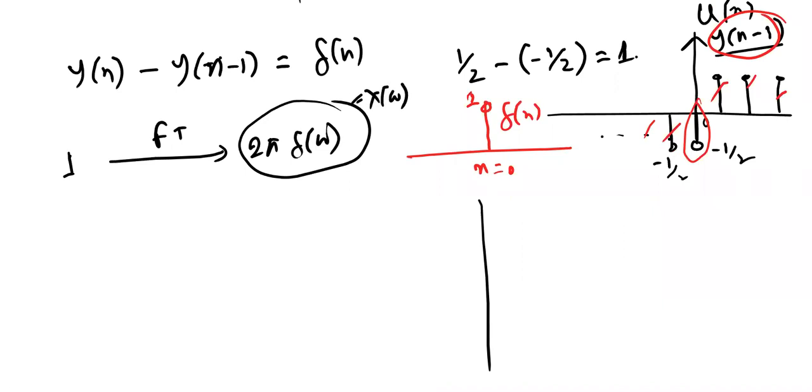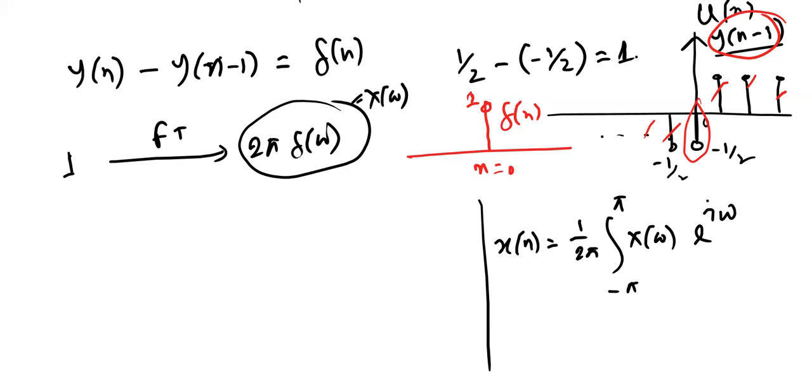We need to find the x[n] value. How can we find x[n]? x[n] is equal to 1 divided by twice pi, integral from minus pi to plus pi, by definition, of X of omega times e to the power j omega n d omega.